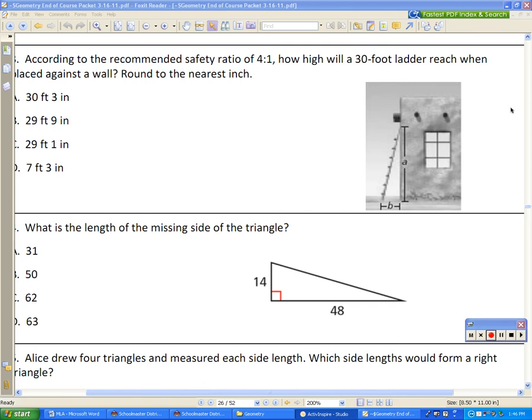These two things have to be in a ratio of 4 to 1. So the highest that you can put it up on the wall is 4 times the distance that it is from the base. So how are we going to figure this out?